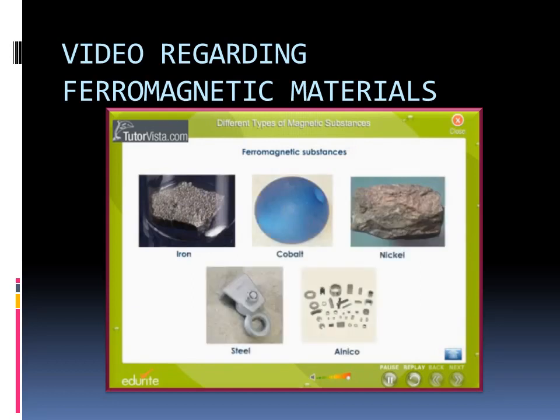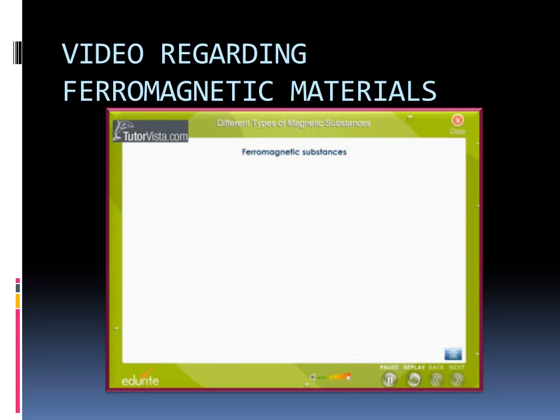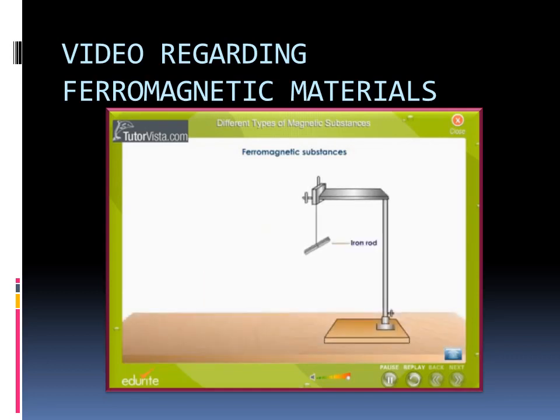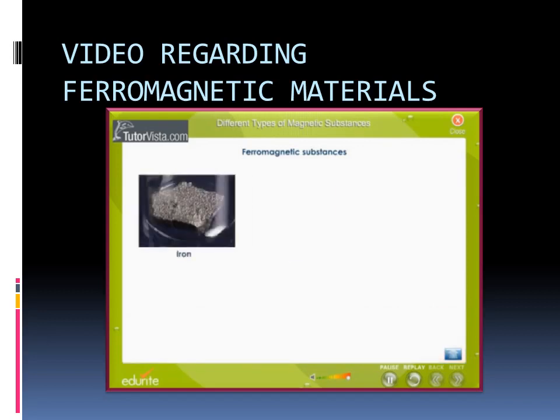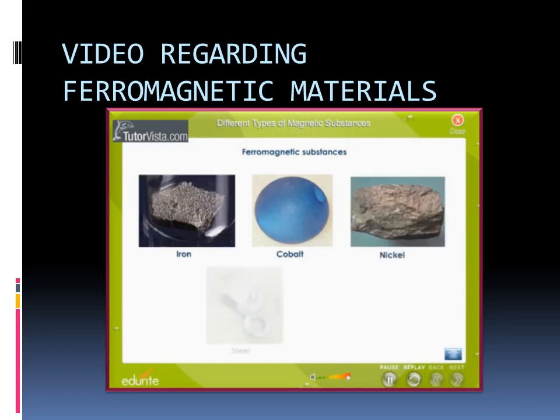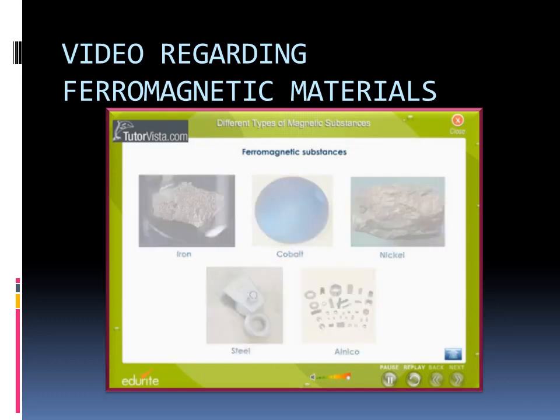Substances exhibiting strong magnetic properties are called ferromagnetic substances. Iron, cobalt, nickel, steel, alnico, etc. fall under this category.